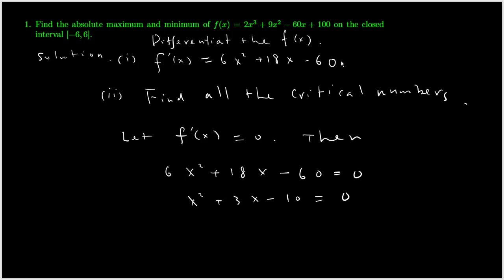Again, you have a quadratic equation. To solve the quadratic equation, you factor the left-hand side. So do we have x minus 2 and 5? You are looking for two numbers multiplying to negative 10 and adding to 3. So you have x minus 2, x plus 5 equals 0. So do I get this right?